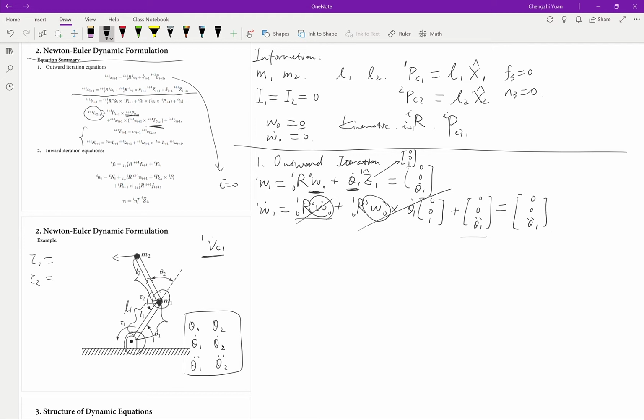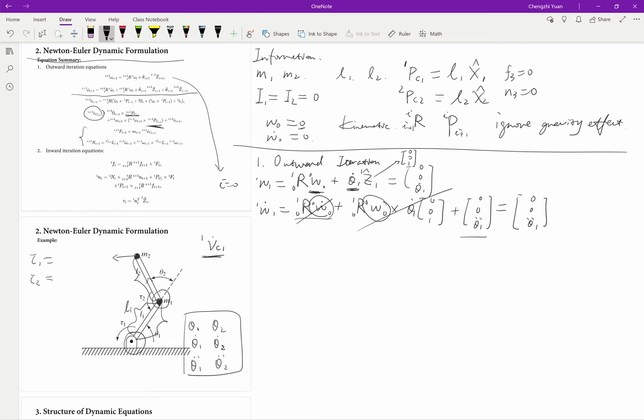All right, so again, remember that we ignore the gravity effects. This is some difference you may see between this example and the one in the textbook, which also considers the effects of gravity.